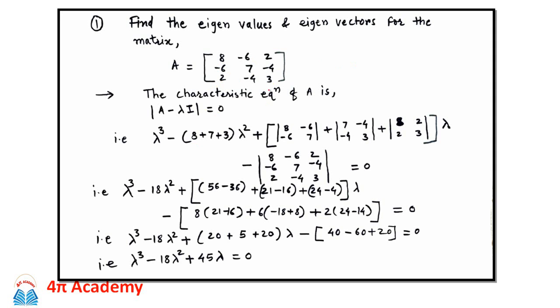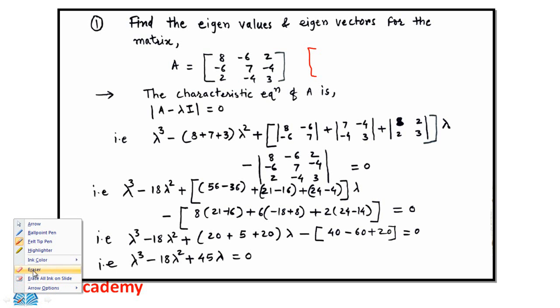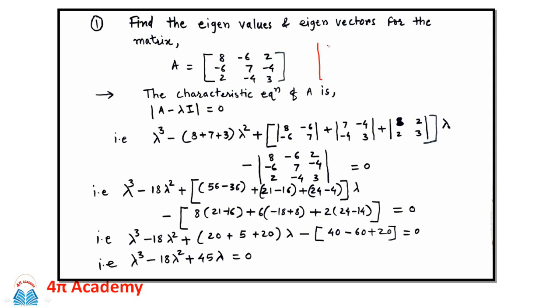Then you know that the characteristic equation for this matrix, the determinant of A minus lambda I, will be the determinant of 8 minus lambda, -6, 2; -6, 7 minus lambda, -4; 2, -4, 3, and the determinant of this should be equal to 0. So this is the characteristic equation basically.